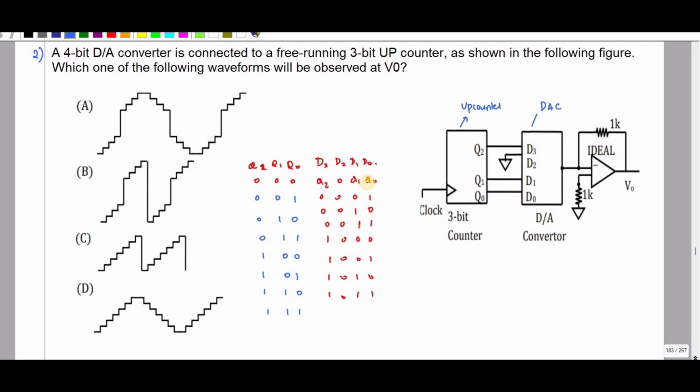So if that is the case, the first initial value is 0 and the next value is 001, and the next value is 010, and another value is 0011. So you can see this is 0, 1, 2, and this one is 3, next one is 4, next one is 5, next one is 6, and next one is 7.